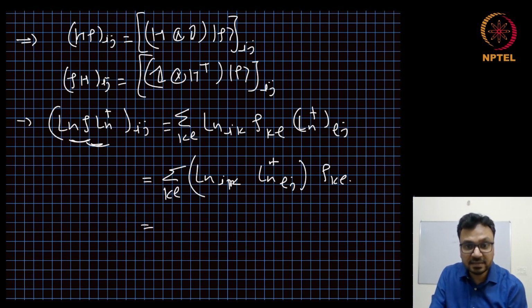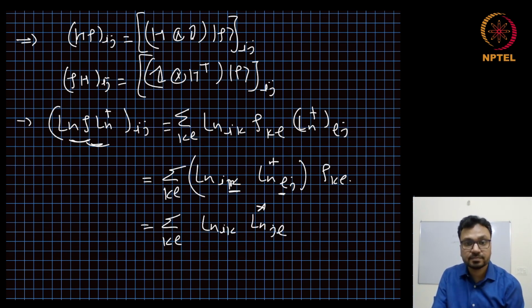So we can see that there is an index here and there are k and l indices. We can see that L_n dagger_lj we can write as L_n star_jl, times rho_kl.